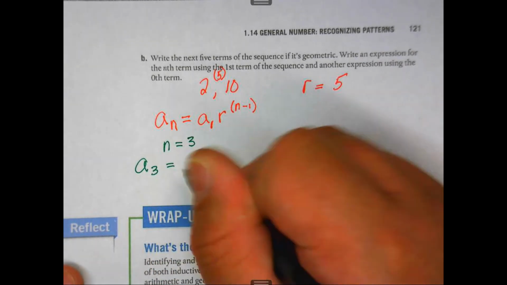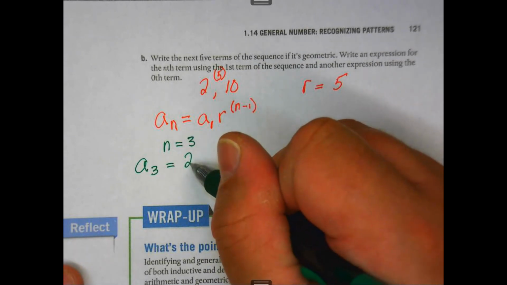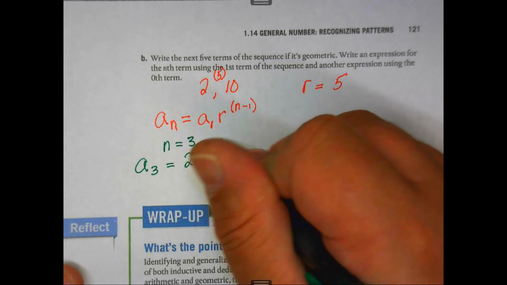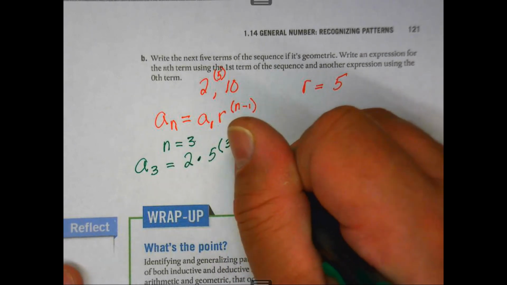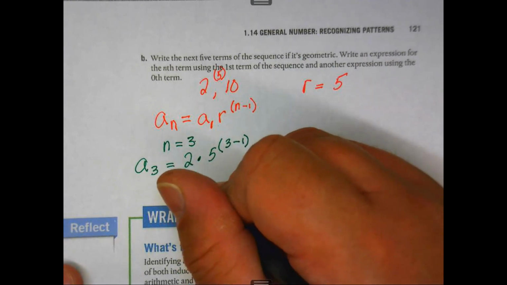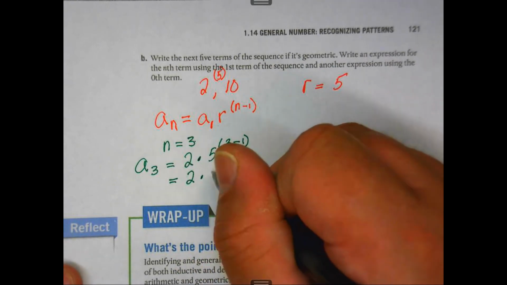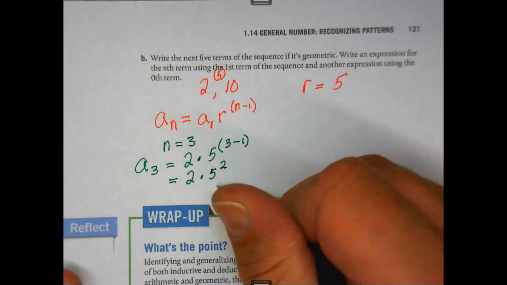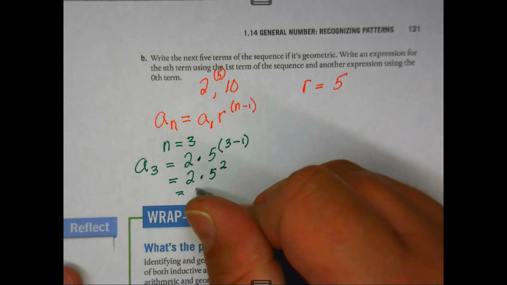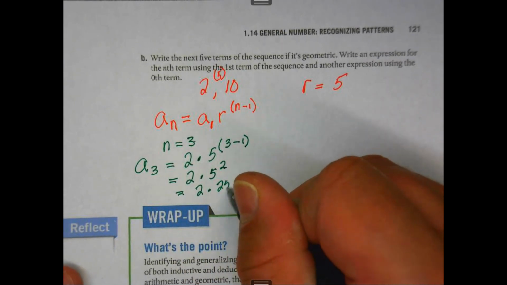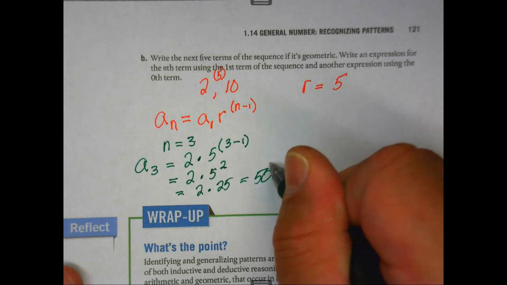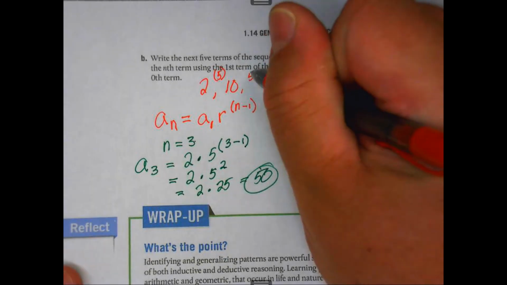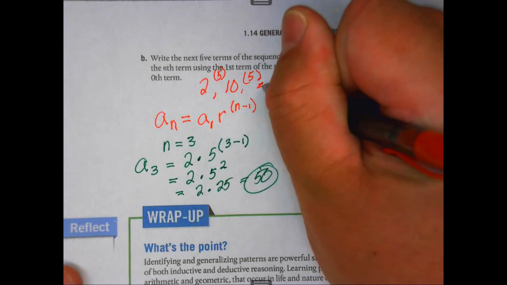A sub 3 equals my first term, 2, times r, which is 5, raised to the n, which is 3, minus 1. 2 times 5 squared, which equals 2 times 25, which equals 50. And sure enough, if I multiply 10 times 5, I get 50.